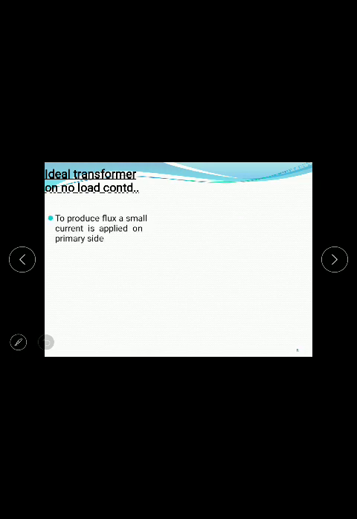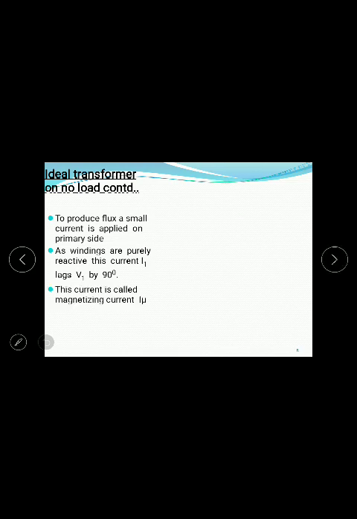To produce the flux, a small current is drawn on the primary side. As the winding is purely reactive, this current I1 lags V1 by 90 degrees. This current is called the magnetizing current, I mu. To establish or produce a flux in the core, some amount of current is required.